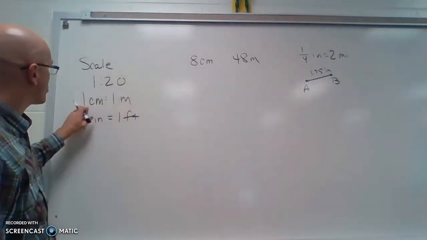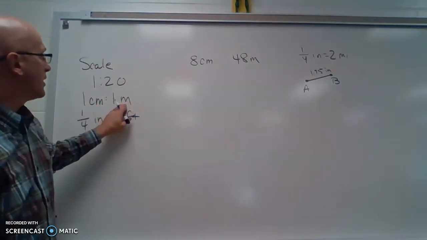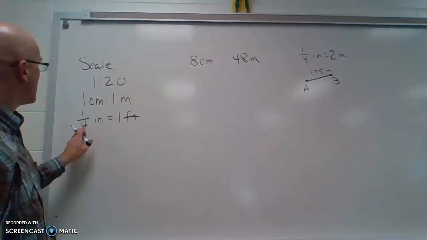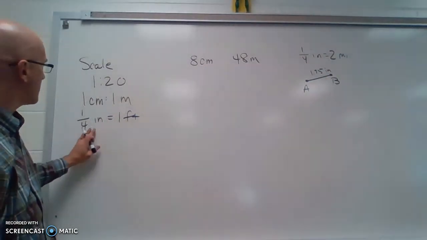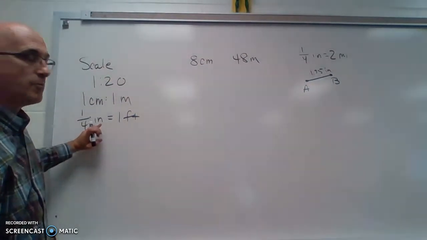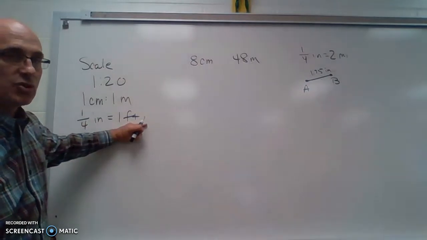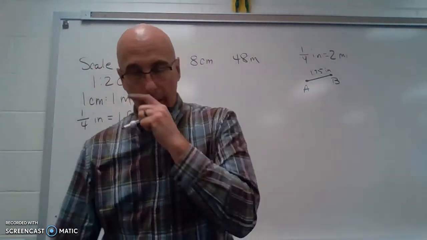So this is my drawing or my representation. So if I measured 1 centimeter, it might equal 1 meter in real life. Or maybe here, 1/4 inch is equal to 1 foot, meaning if I measure, say, a 1/2 inch, I would get 2 feet in actual length or distance.